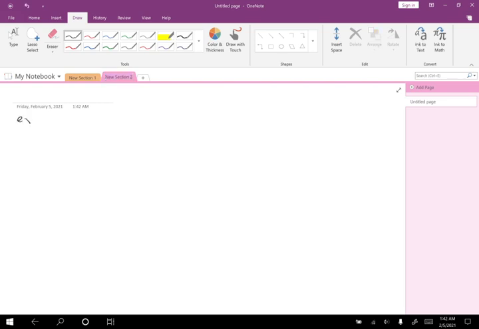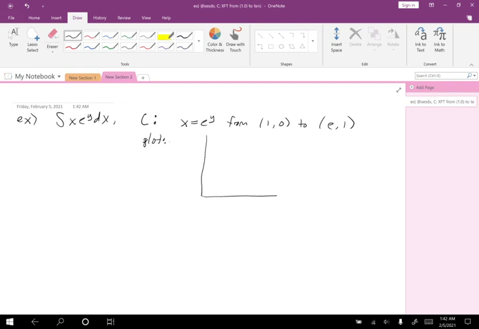To see a slightly more complicated example of parameterization of one of these things, let's try x e to the y dx, where now C is given by the curve x equals e to the y from (1, 0) to (e, 1). Okay, so the curve is not given in t, it's in terms of x and y, so I like to just plot some of these things whenever it's not clear what's going on.